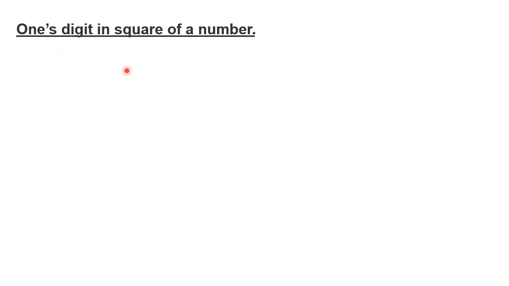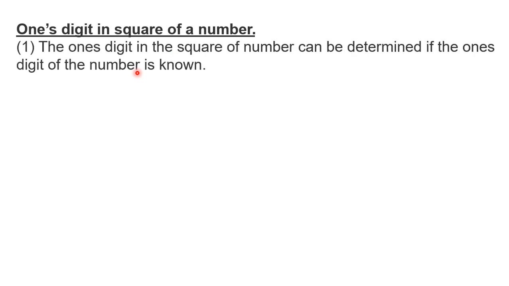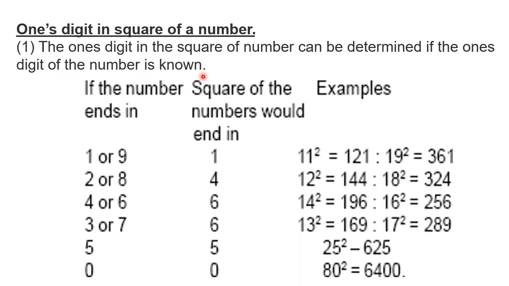Now one more interesting fact about the square number is its ones digit. The ones digit in the square of a number can be determined if the ones digit of the number is known. For example, if a number ends with the digit 1 or 9, then its square number will have the digit 1.